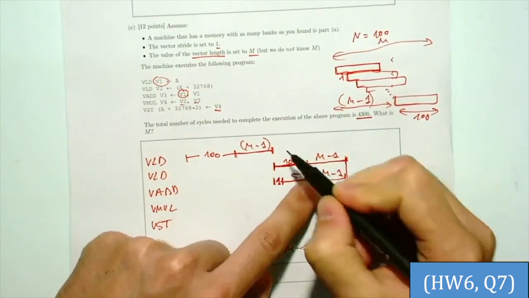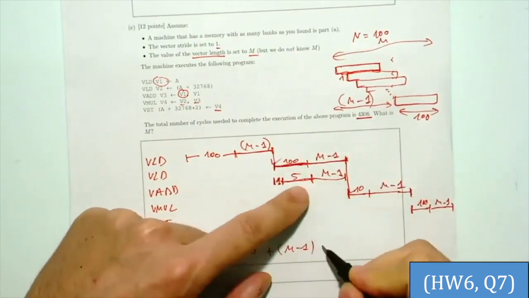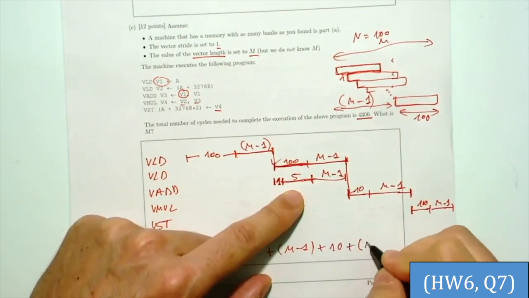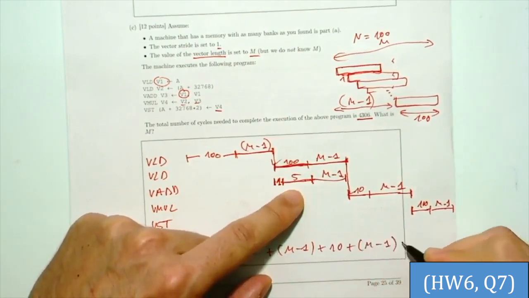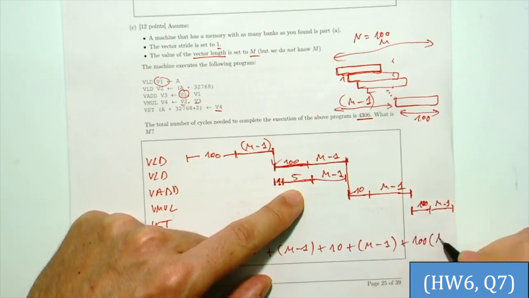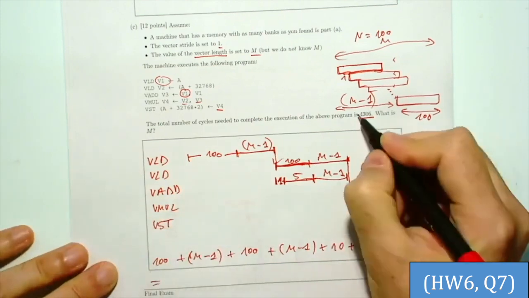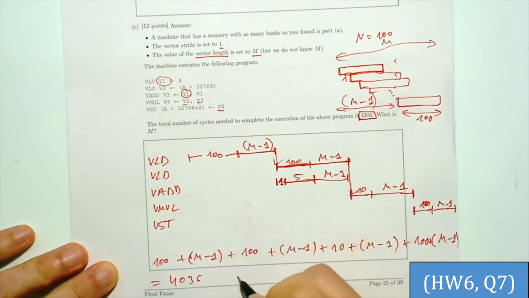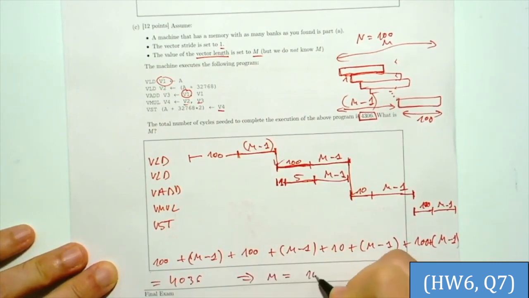Then we will go here, plus 10 minus 1, plus 100 plus n minus 1, equal to this latency. And if you solve this equation, n is 1000.